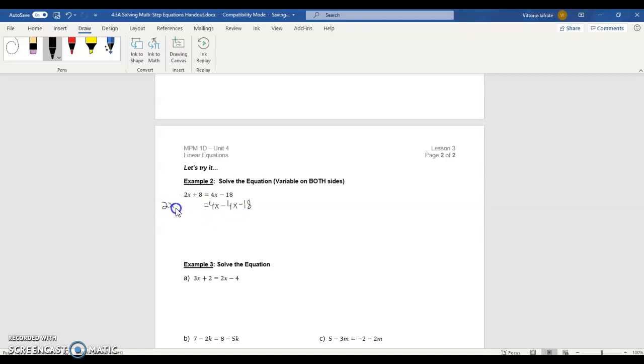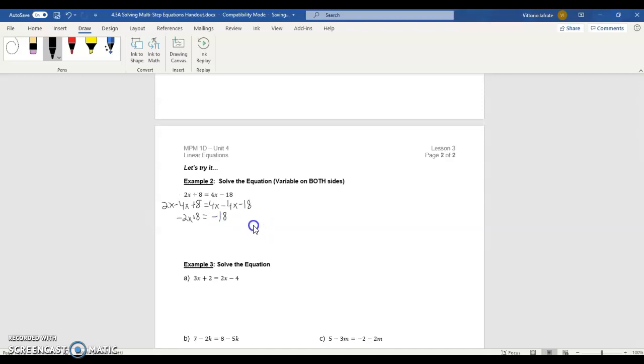Since I took away 4x from the right side, I'm going to take away 4x from the left side. Plus 8. And so 2x minus 4x is negative 2x plus 8 is equal to 4x minus 4x, which is just 0x, so that's gone, minus 18.